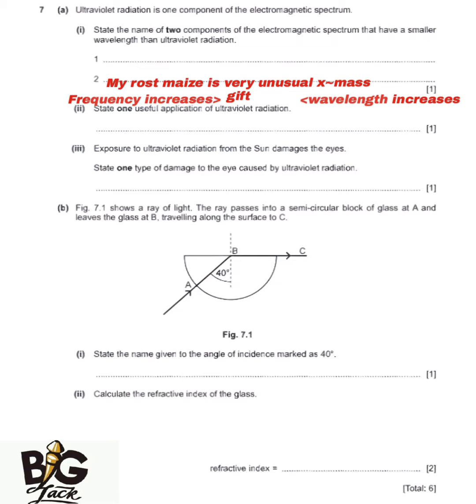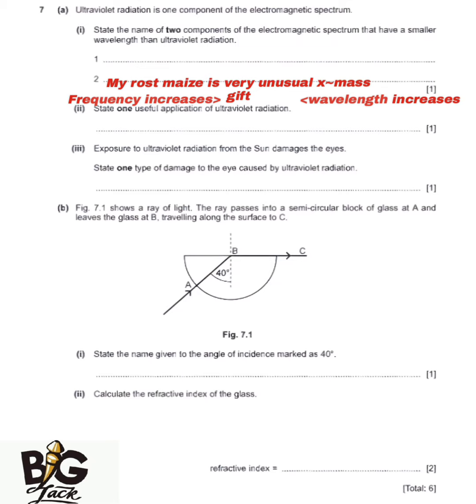So now this question is saying, state the name of two components of the electromagnetic spectrum that have a smaller wavelength than ultraviolet radiation. Remember I was saying the wavelength increases from gamma going to radio waves. So now ultraviolet here is representing what?